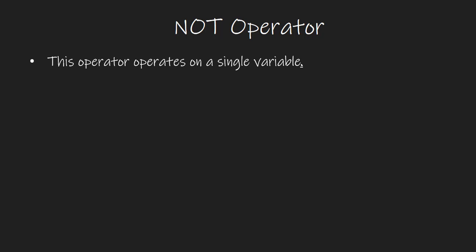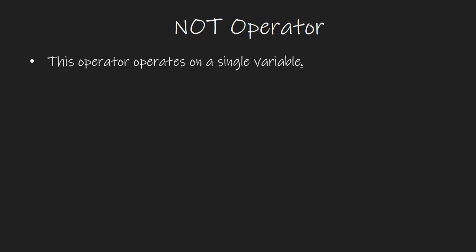The first operator is the NOT operator. This operator operates on a single variable. What does it mean? In mathematics, you may have done addition from your early classes. Whenever we are performing addition, we require two values so that we can add them up.